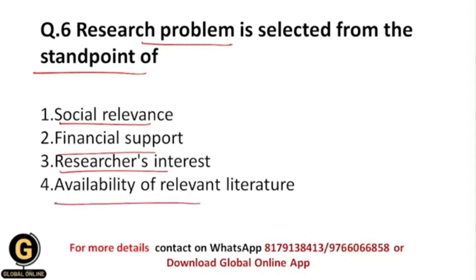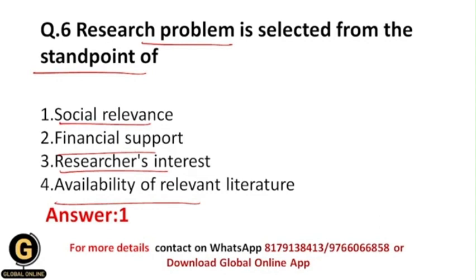So students, the correct answer to this question should be 1 because we do research to solve the problems which are there in the society. Okay, I know researchers' interest is also an important thing, but apart from that, the most important thing is social relevance.